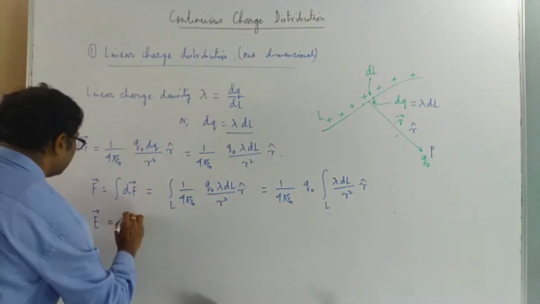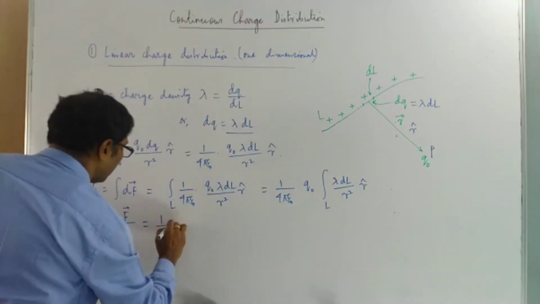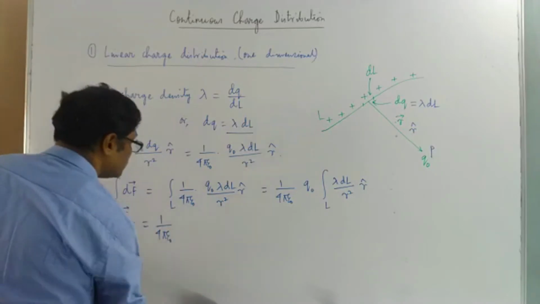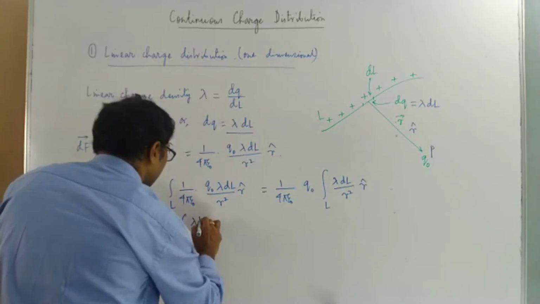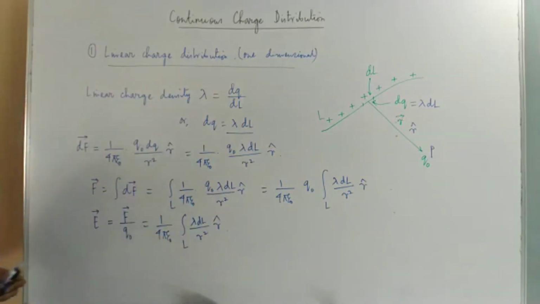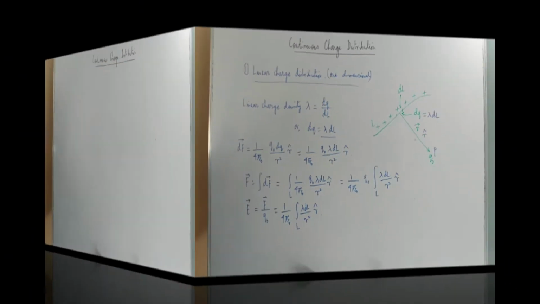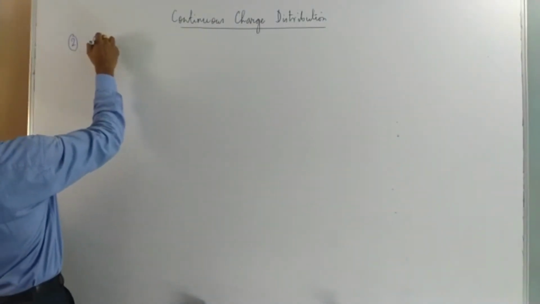I can write it as F by q0, that is equal to 1 by 4 pi epsilon 0 integration over L lambda dl by r square into r cap. Okay, so this is how we can obtain expressions for force and electric field due to linear charge distribution. Next we consider surface charge distribution.